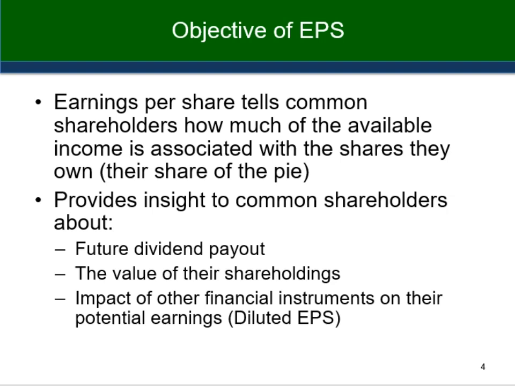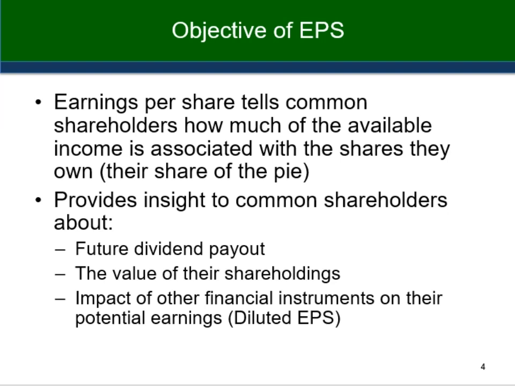But when that is the case, we need to calculate the minimum amount that could be attributable if all of the dilutive securities were actually exercised. So if there are no such shares or such potentially dilutive securities, we call that a simple capital structure. If there are potentially dilutive securities, then we call that a complex capital structure for the purposes of the earnings per share.